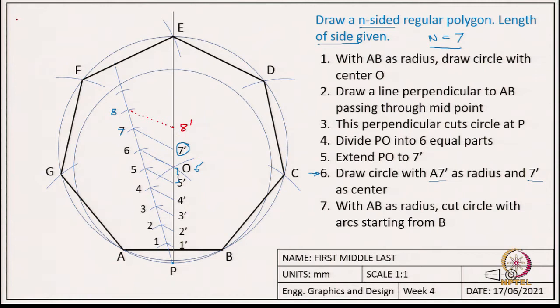And then what do we do? We draw a circle. With what will be the radius? The radius will be A8 prime, and the center will be 8 prime.